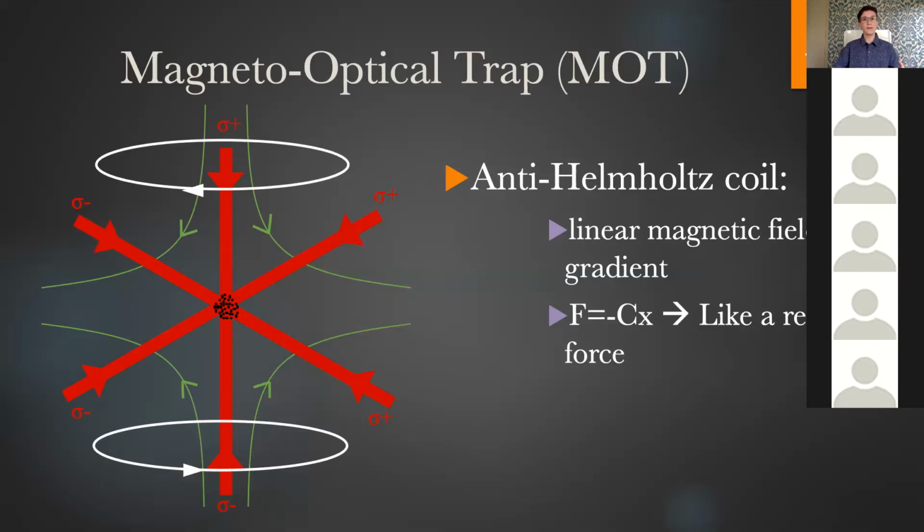A good way to think about this is like a position-dependent restoring force. Imagine that every atom was attached to a spring, and the springs were all attached to the center of our chamber. As our atoms moved farther away from the center of our chamber, that spring wants to pull them back to the center more and more. So that's what's happening. We've now managed to trap our atoms inside the center of our beams and are able to cool them down.